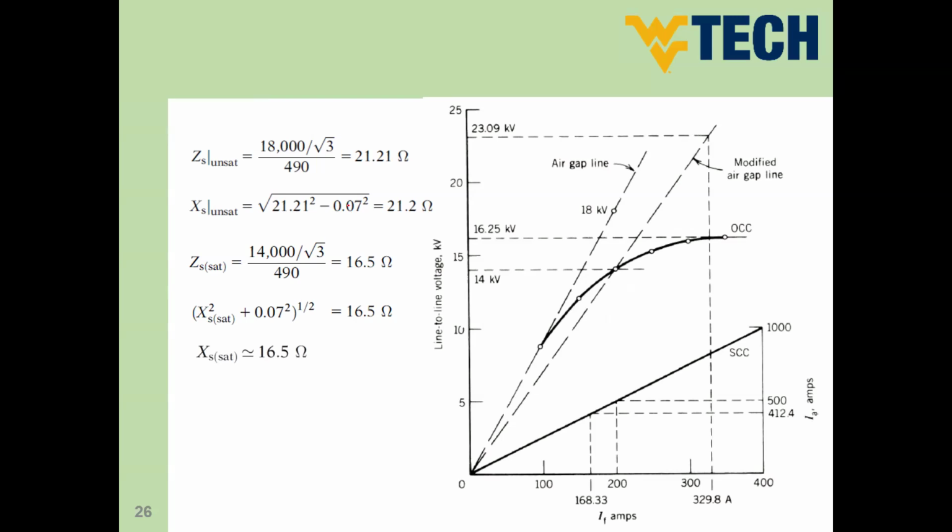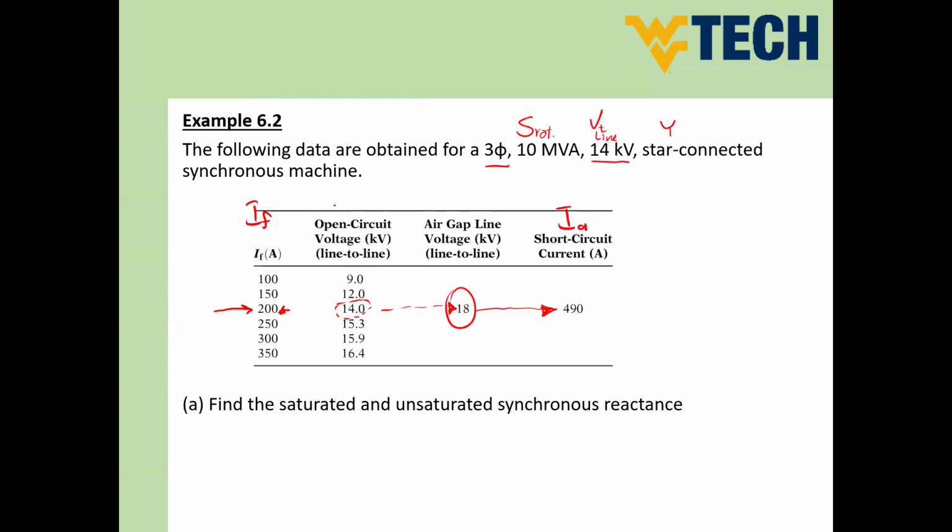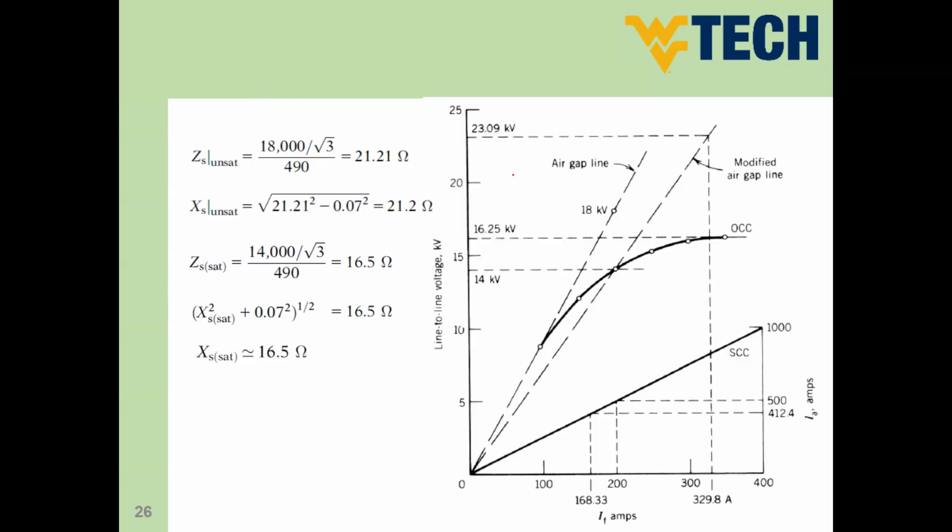Here in this example, guys, the resistance was given. It's not written right here, but I'm going to provide the data. So RA equals 0.07 ohm. For that, he used the square root of Z squared minus R squared in order to get the value of the reactance.